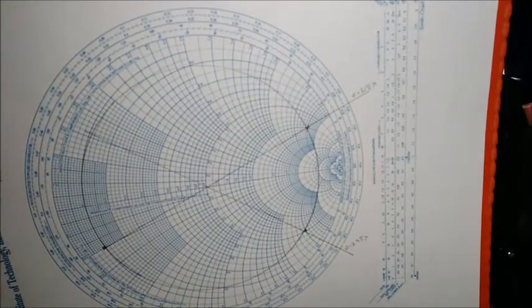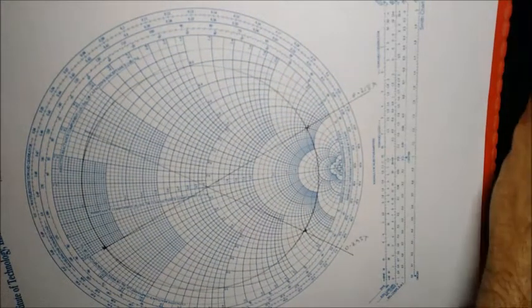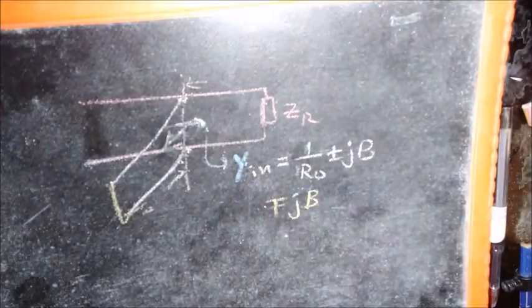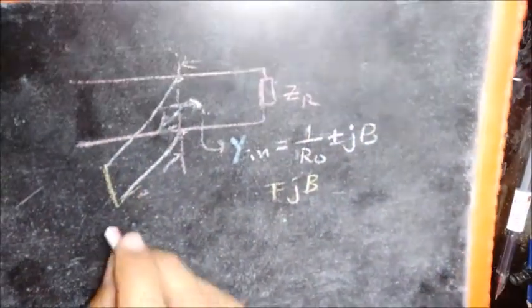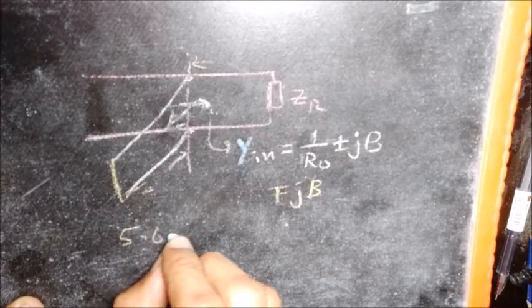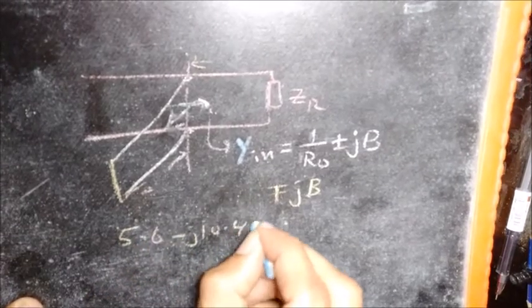So I have most of the things already plotted in the Smith chart to save some time here. So we are given the load resistance, which was given to be 5.6 minus J 10.4 ohms.